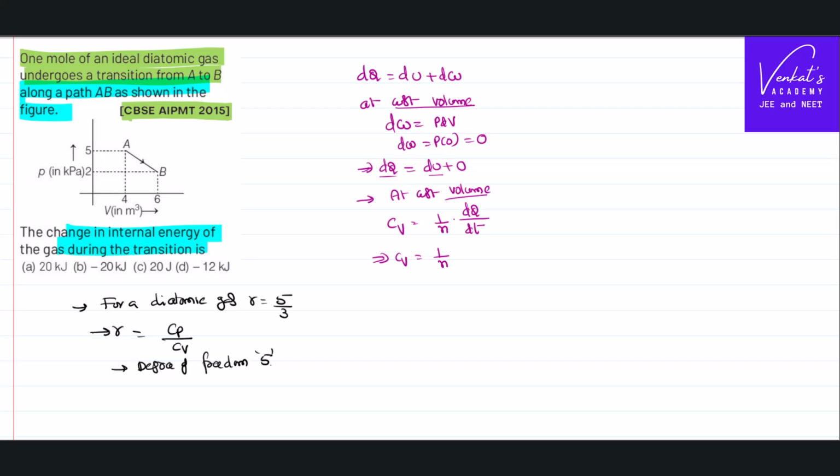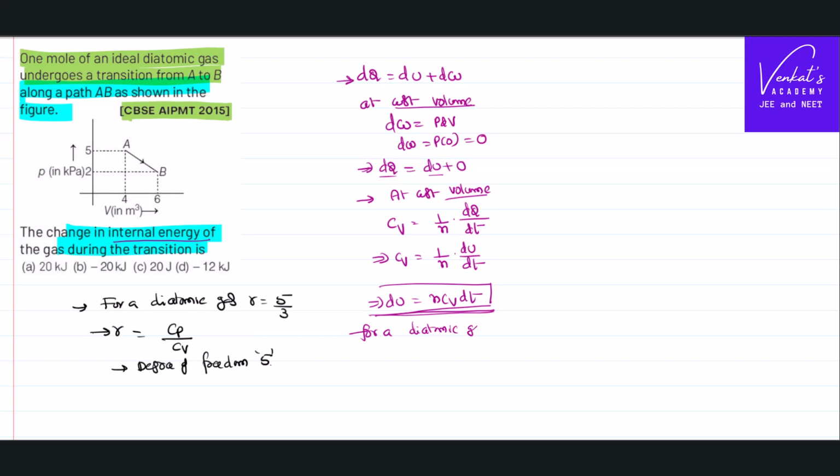That means Cv equal to 1 by n du by dt. That implies du equal to n Cv dt. So now you might understand why I am making this discussion. As you want change in internal energy, I have derived a formula for change in internal energy.